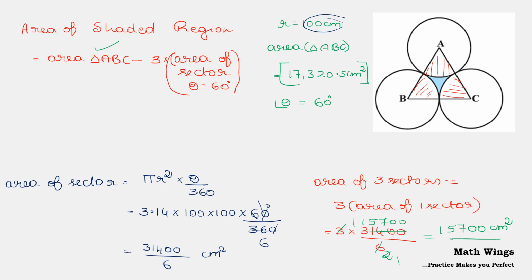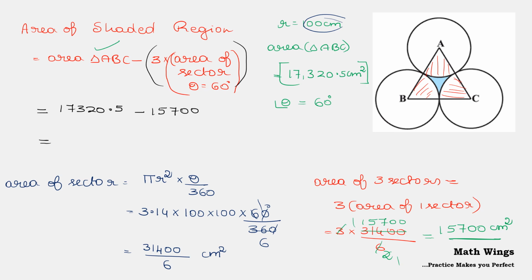So once I get the area of the sectors, I can find the area of the shaded region. Therefore, what is the area of the shaded region? Here, the area of the shaded region is equal to the area of the triangle, which is 17,320.5, minus, we already found this answer, 15,700, right?